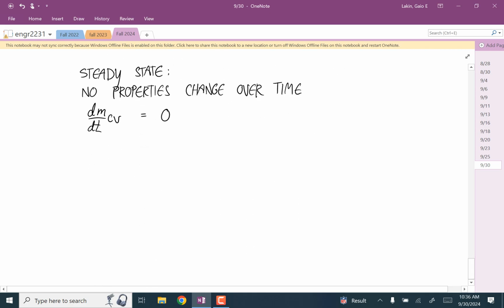Okay, so our mass balance equation says dm dt in the control volume is equal to m dot at inlet 1 plus m dot at inlet 2 minus m dot at the exit.